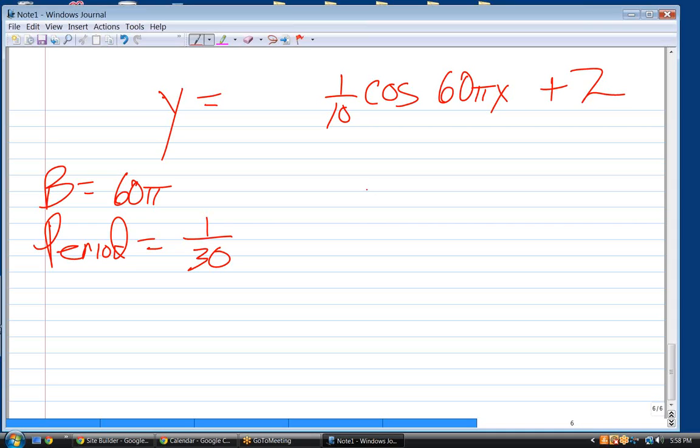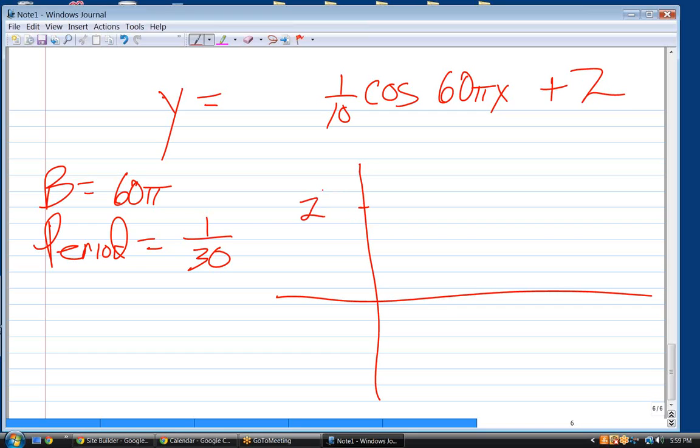All right, that's probably enough. There's no phase shift. What are the vertical points that I'm going to go up to and down to? 1/10 and negative 1/10. That would be if I didn't have this 2.